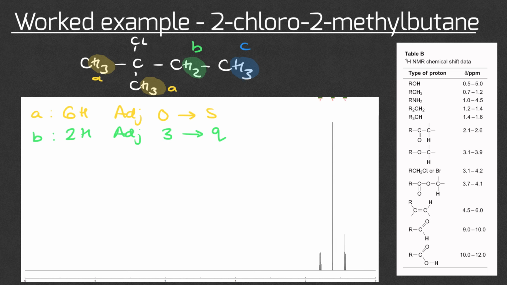Environment B consists of 2 hydrogens, it's adjacent to 3, so it'll be a quartet. And environment C has 3 hydrogens, adjacent to 2, so it's a triplet. We'd label each of the peaks.